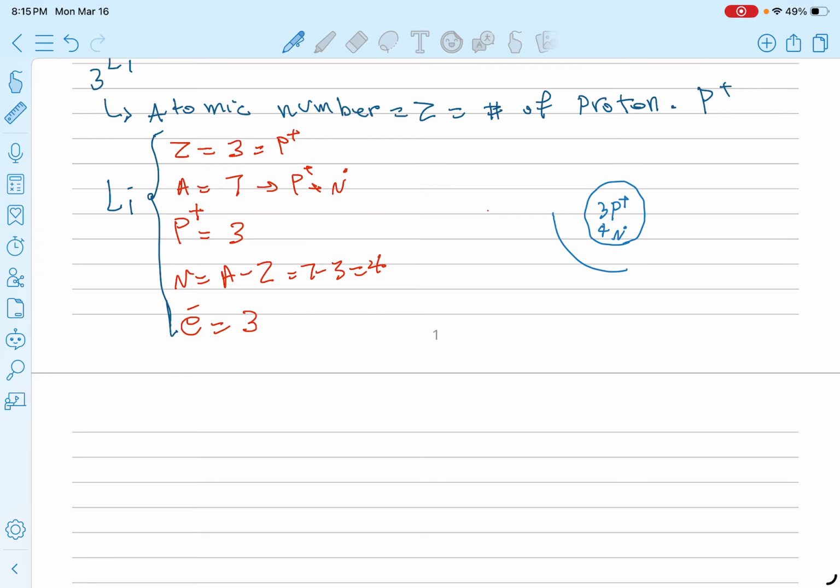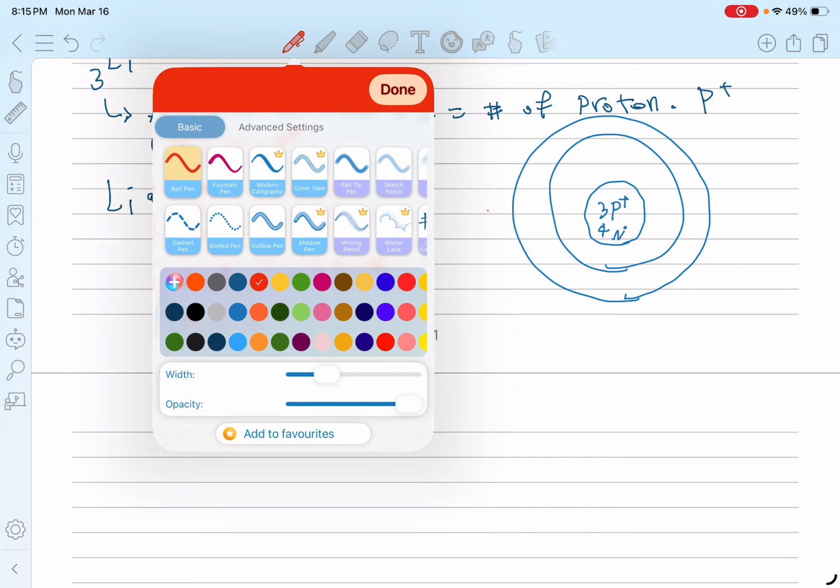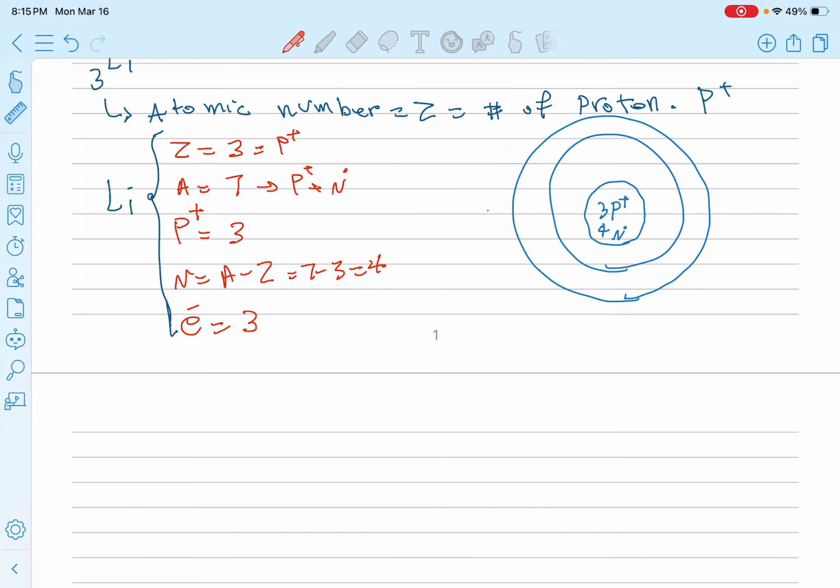Then electrons go in the energy levels. In the Bohr model, the maximum number of electrons in the first energy level is always 2. Because lithium has 3, 1 more is left. So this is the Bohr model for lithium.